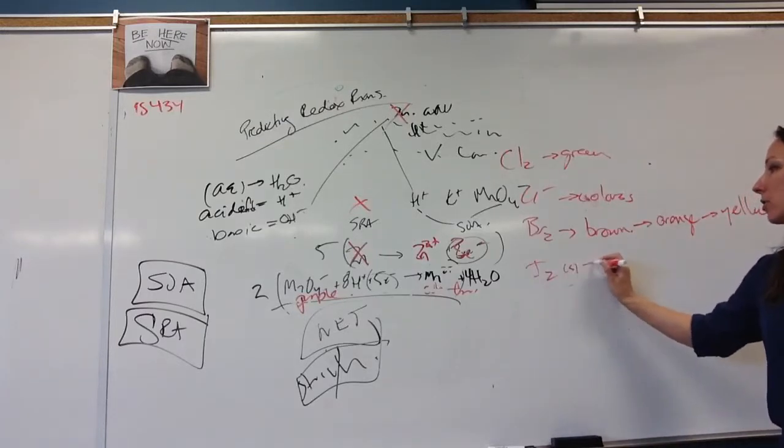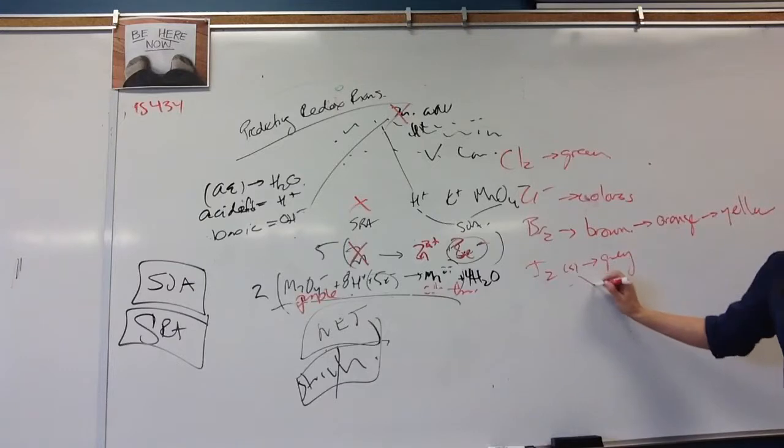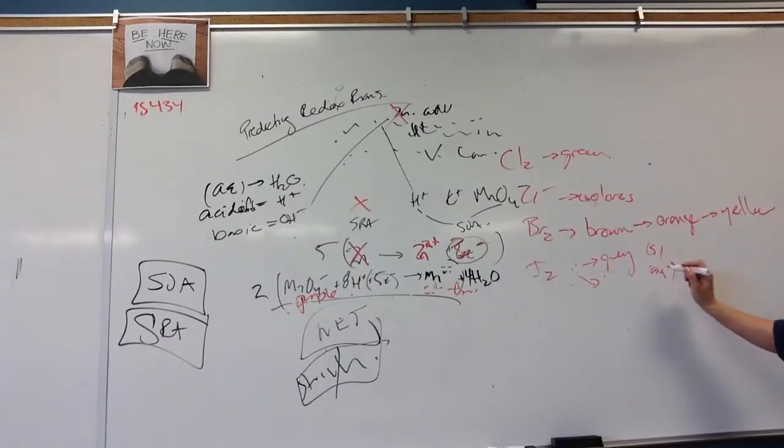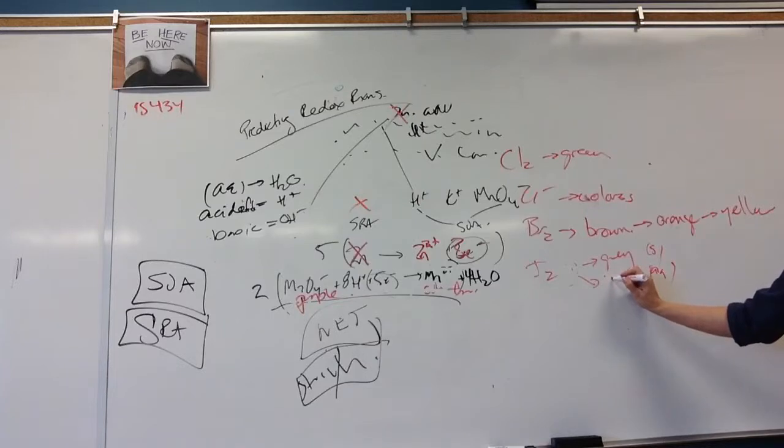I2 solid is gray. You know these off by heart? They're not in your data booklet. Okay, write them down. Good job. So gray if it's a solid, and if it's aqueous, iodine solution, sometimes it's purple.